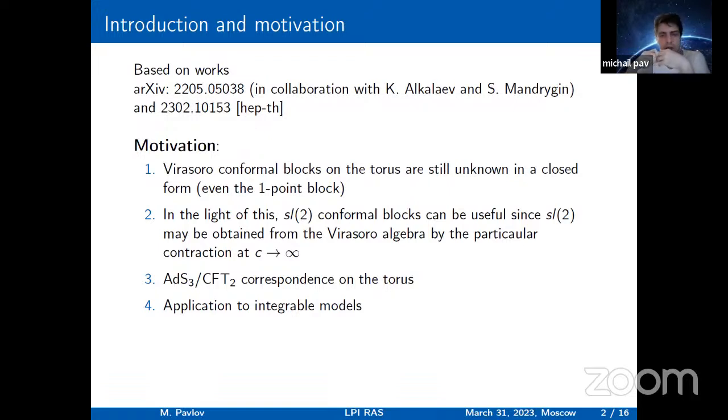We are interested in calculations of the Virasoro 1-point block, because this block is important in different applications. It was first studied in the context of the AGT correspondence, and there are some connections with 4-point blocks on the sphere.